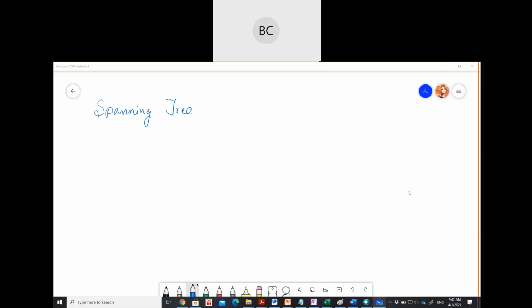See, as per you, the connected graph is a graph in which there will always be a path from a vertex to any other vertex, right? So what is a complete graph?